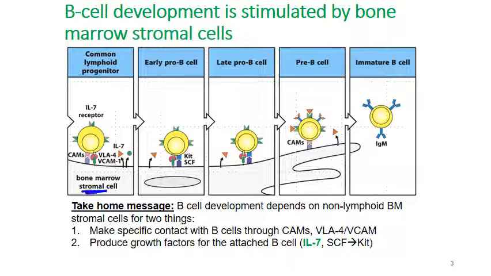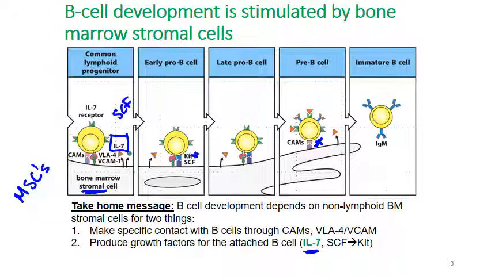All right, so the common lymphoid progenitor is in your bone marrow, and it interacts with the stromal cells within the bone marrow. These stromal cells are largely mesenchymal stem cells, and they secrete growth factors like IL-7 and SCF, which is stem cell factor. That signals the CLP to stay in the bone marrow and bind to certain adhesion factors like KIT or ICAMs, which keeps the association with the bone marrow very tight.